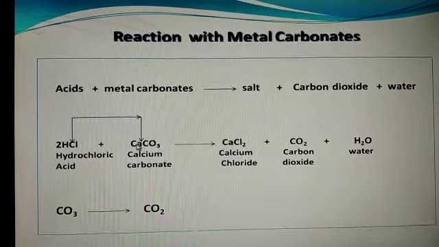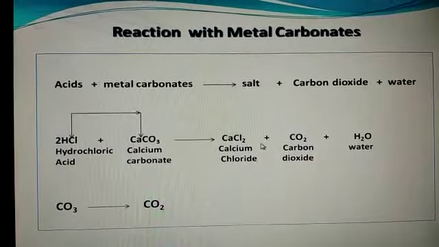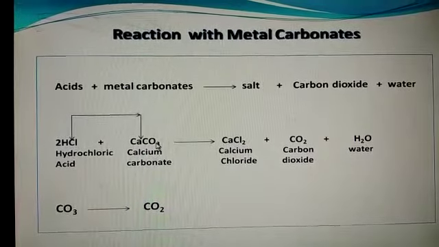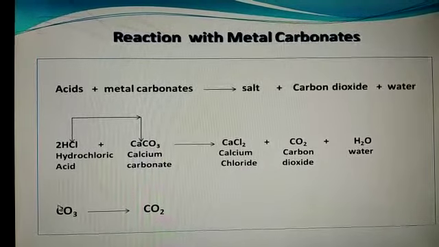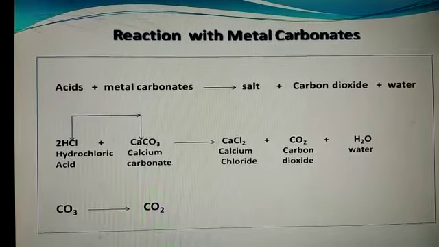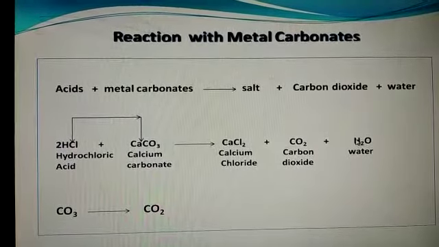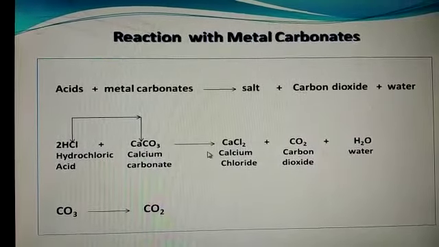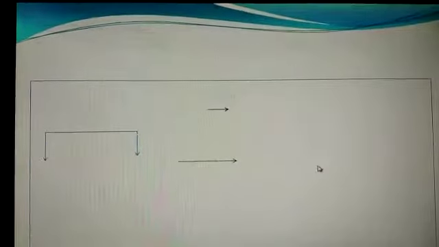As a result, they produce calcium chloride, while the CO3, that is carbonate, is always converted into CO2, carbon dioxide, along with the production of water molecules. So in the products we get calcium chloride, carbon dioxide and water molecules.